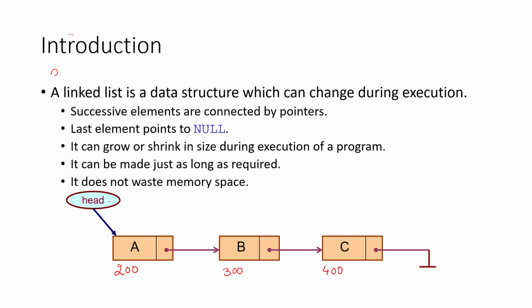Now this is the head pointer which holds the address of the first node. Therefore it will hold 200. Next address of node is stored over here, which is 300. Then the address of C node is 400, which is stored over here.